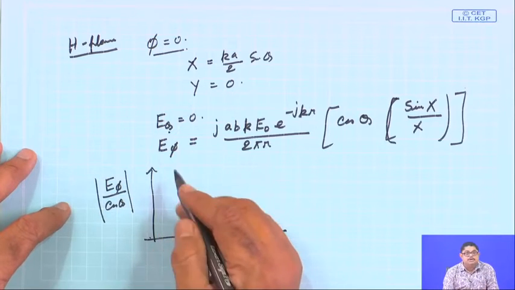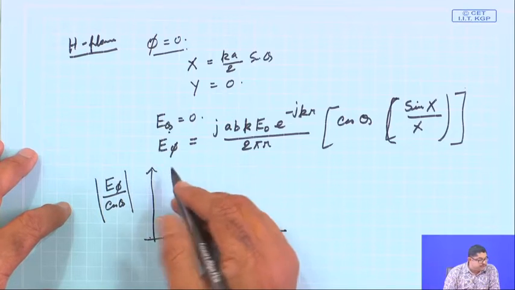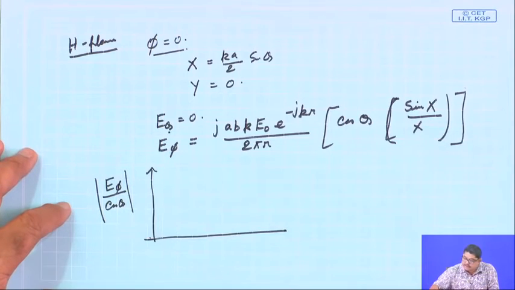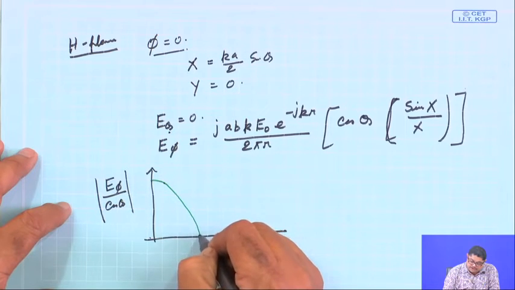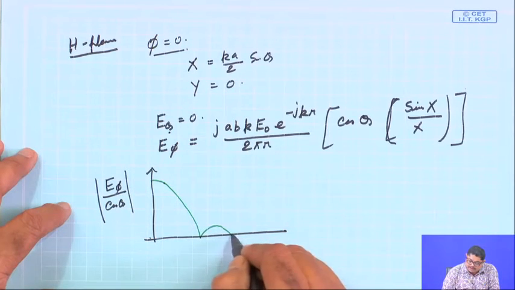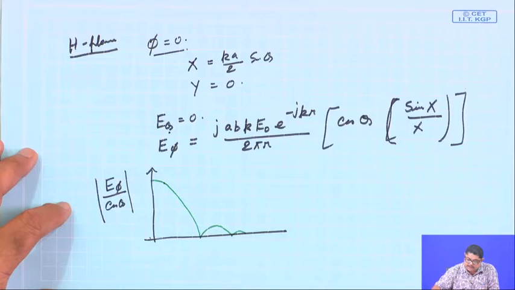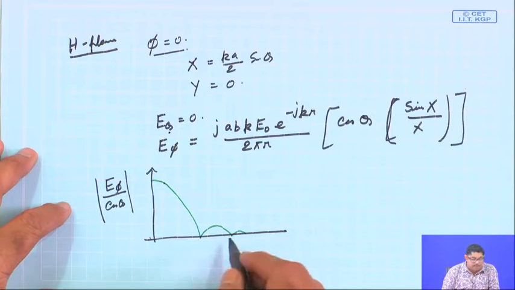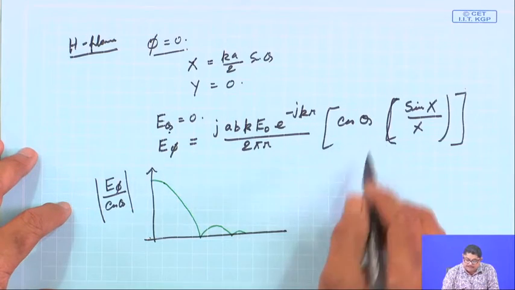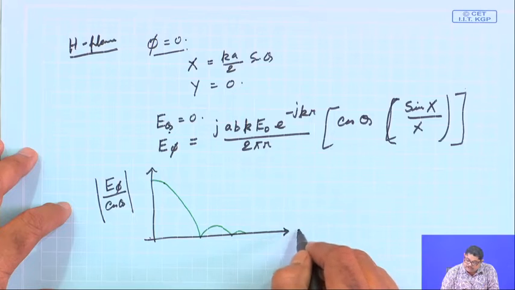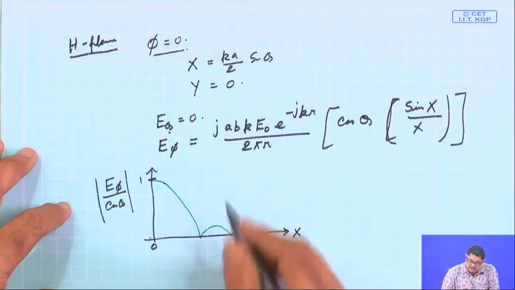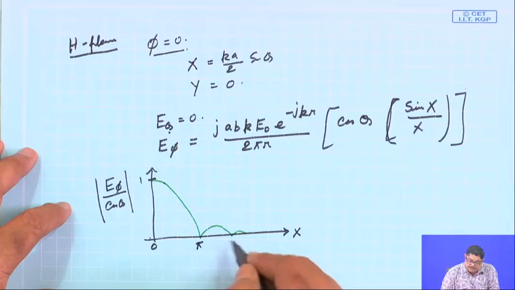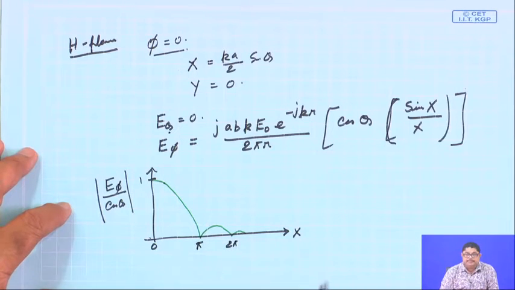Near theta equal to 0 it will be the same sinc type of function, but you will have to account for theta. This is with respect to x, and again this is 1, this is pi, this is 2 pi, etc.